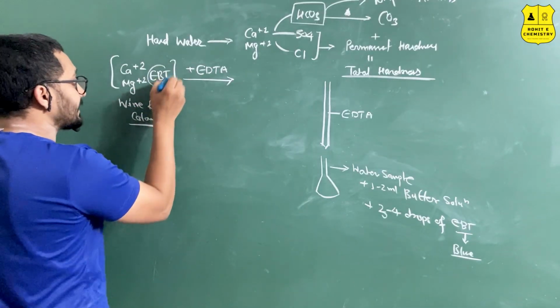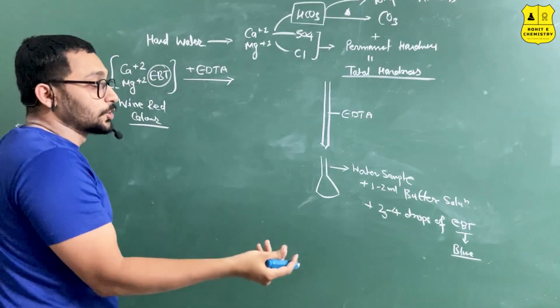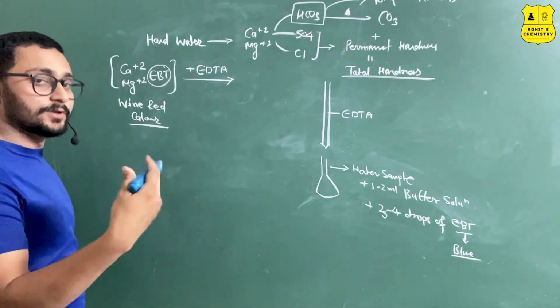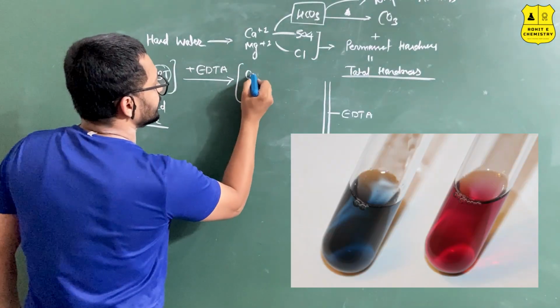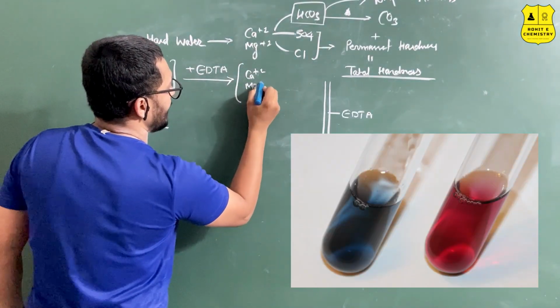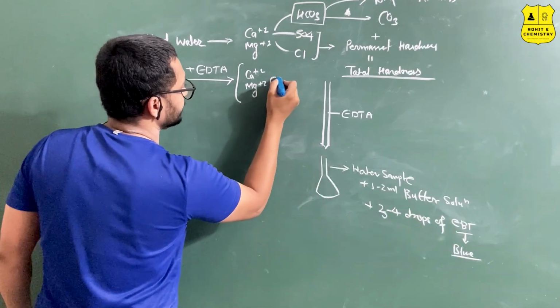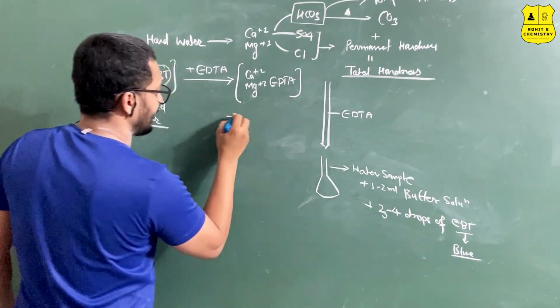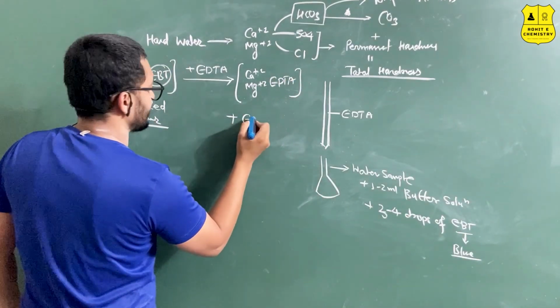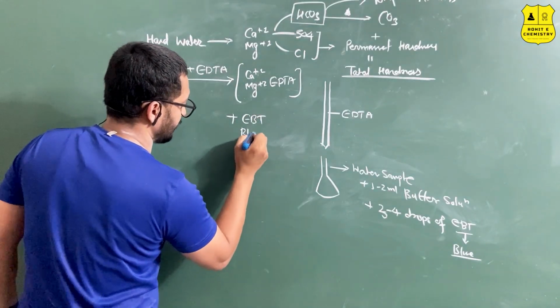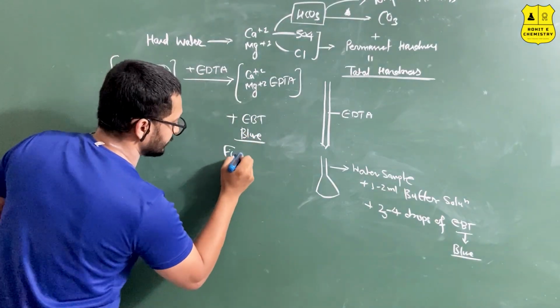And this free Eriochrome Black T again shows a blue color. So the end point will be blue color, right? Calcium and magnesium bind with EDTA and displace the EBT, and this will be your end point, blue in color.